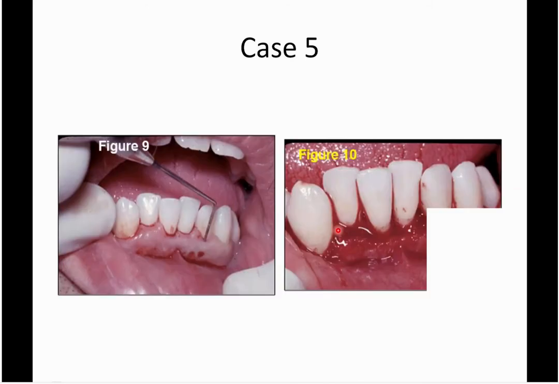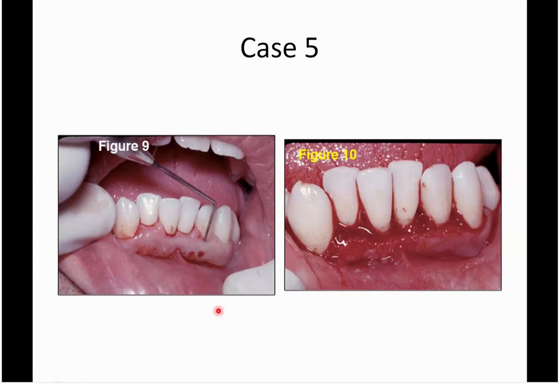Okay. And then, here, I just wanted to go over, if you're looking at the before and the after, what procedure was likely performed.